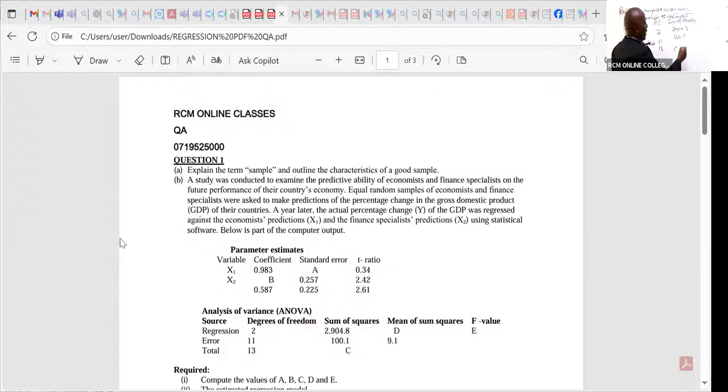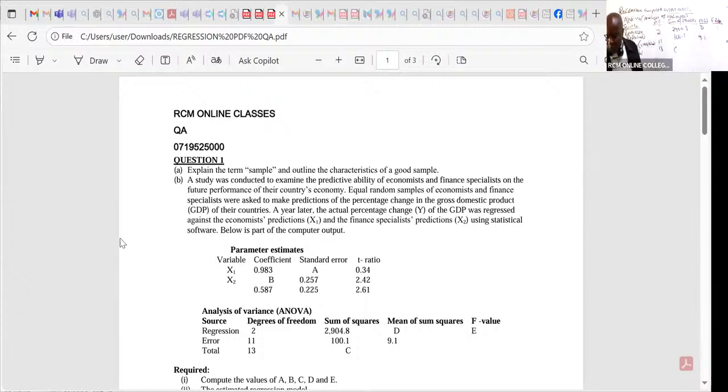And then we have what they're calling MSS. MSS stands for mean sum of squares. So the mean sum of squares, I can see D, 9.1. And then I can now see clearly there the F value. We like calling it F ratio, or F value.